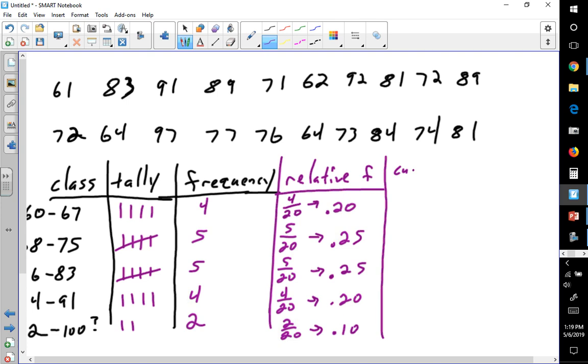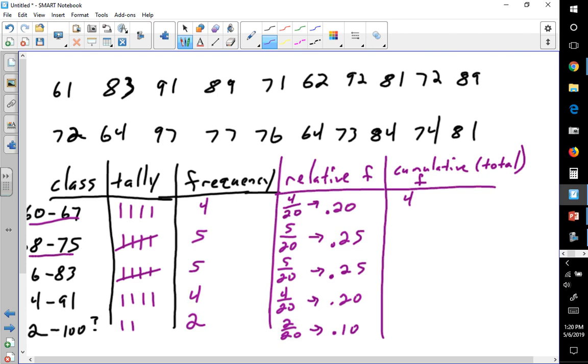Something else that we often are interested in are cumulative frequencies. Cumulative means the total, and that is starting from the bottom. So by the time we have made it through the first class, we have 4 pieces of data.